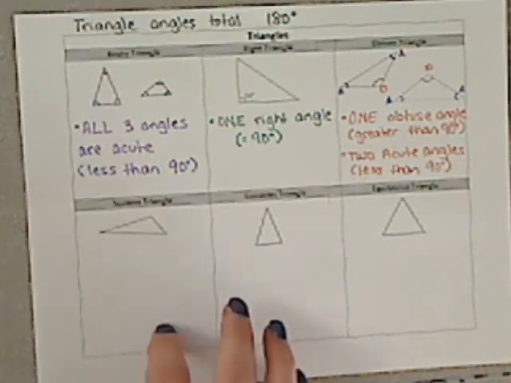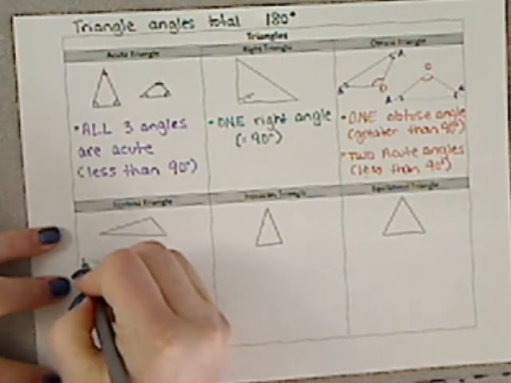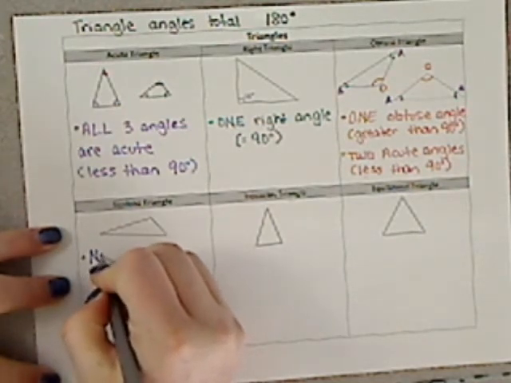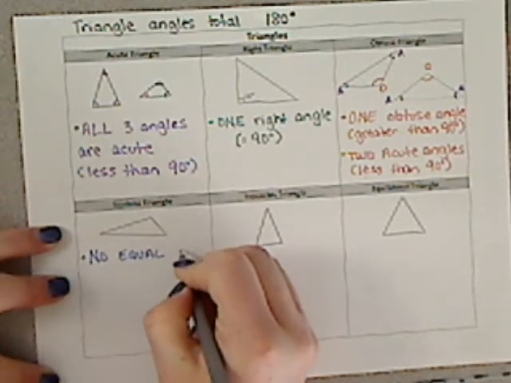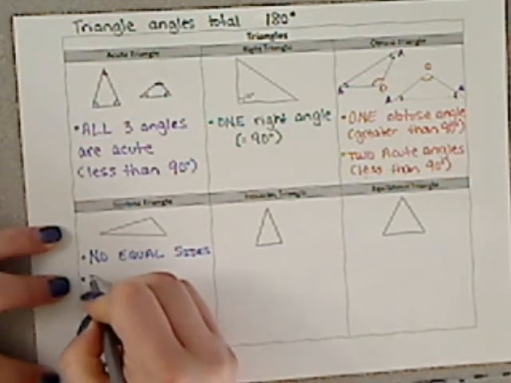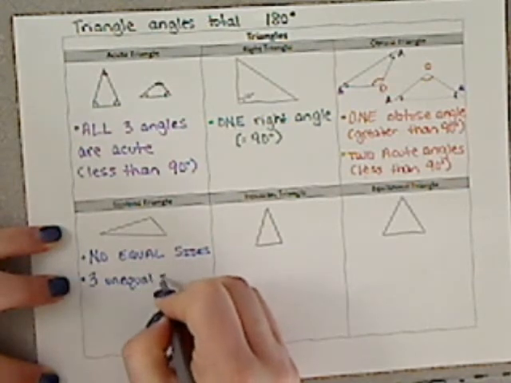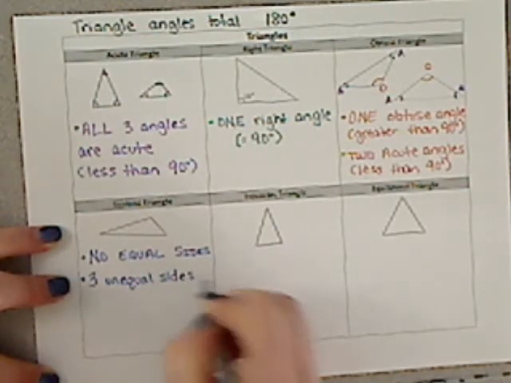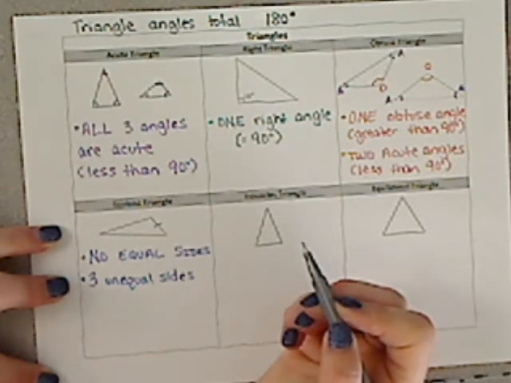So now let's move on to a scalene triangle. A scalene triangle is a triangle with 3 unequal sides. So no equal sides. In this case, we would have this one that's the shortest.